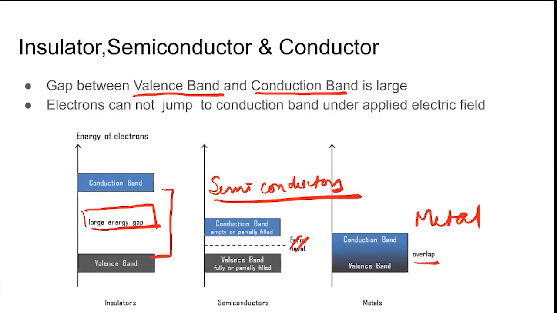Suppose there are two well-known elements, silicon and germanium, and they belong to which group? Silicon belongs to group 14. What is the valency of group 14? Four. Yes, four.